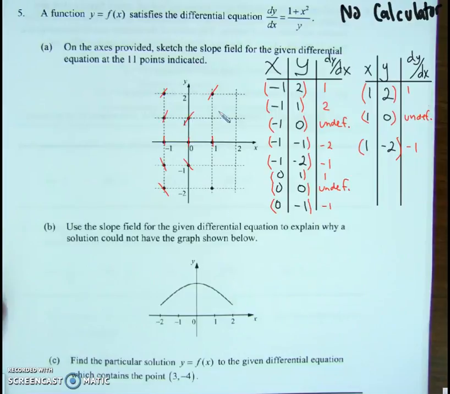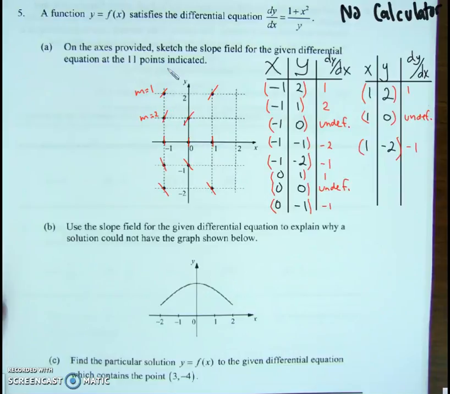Remember that the key here is that your slopes of 1 and -1 should be what you're basing yourself on, using as your guide. Then make sure that the slope of 2 is significantly steeper than the slope of 1.